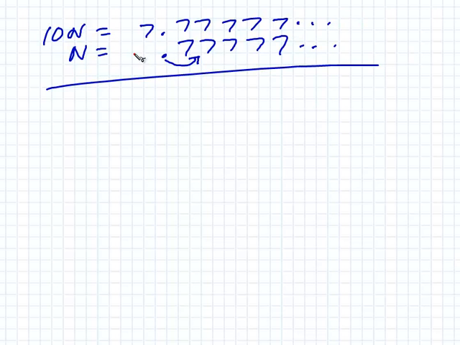Again, we subtract, and notice all of the decimal part of this disappears, and what we have left is simply 7 on the right-hand side. Over here I have 10n minus n. In other words, 10 of them minus 1 of them is 9 of them. So 9n equals 7.